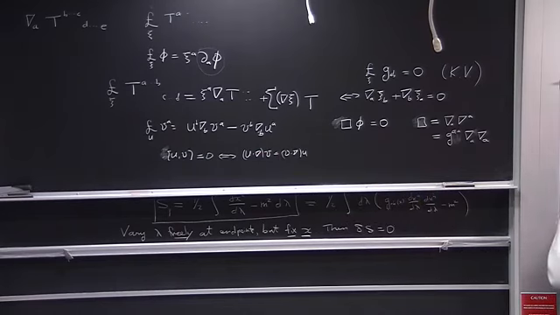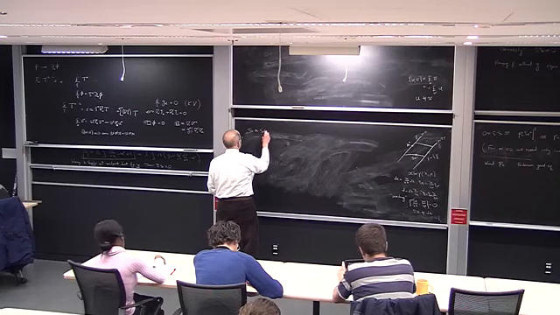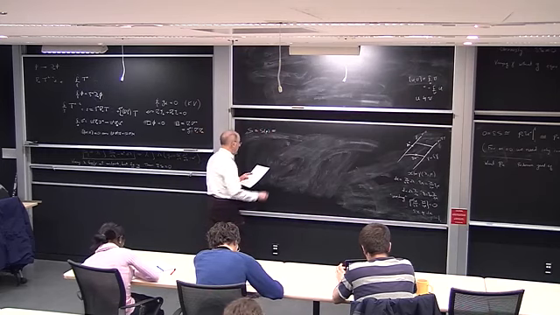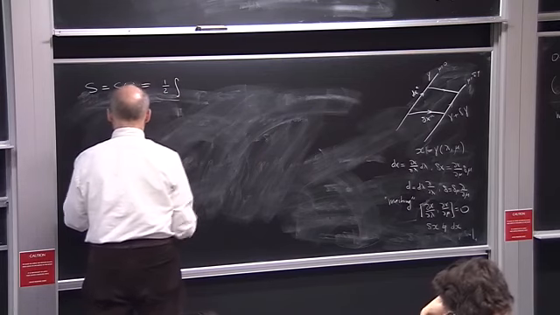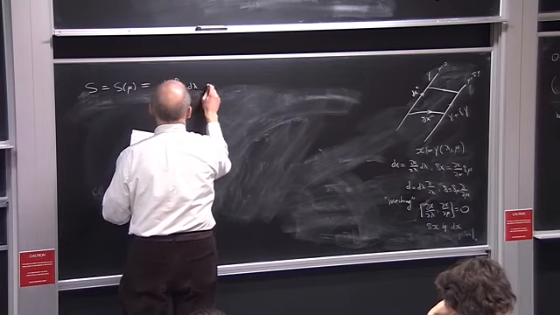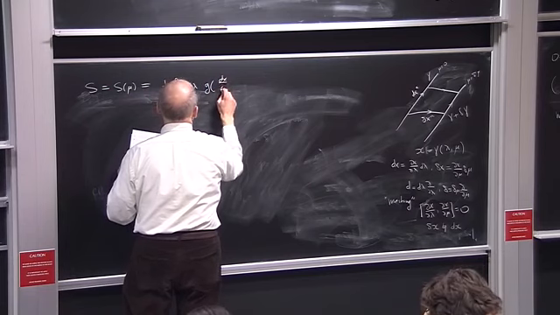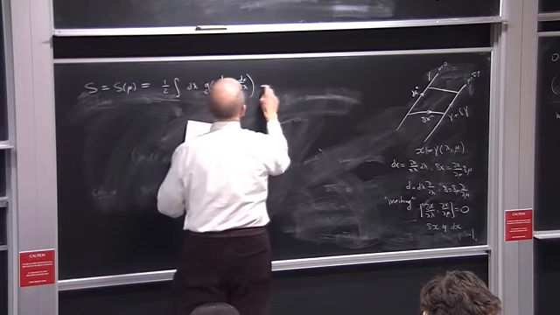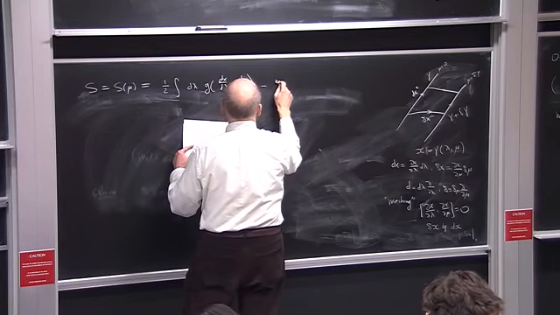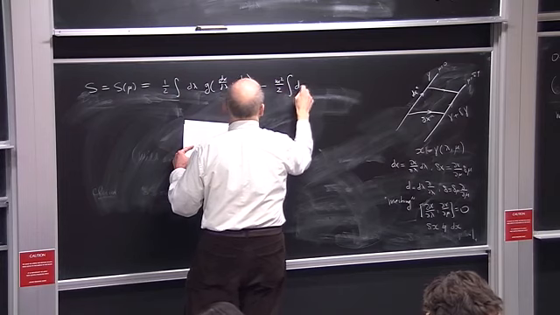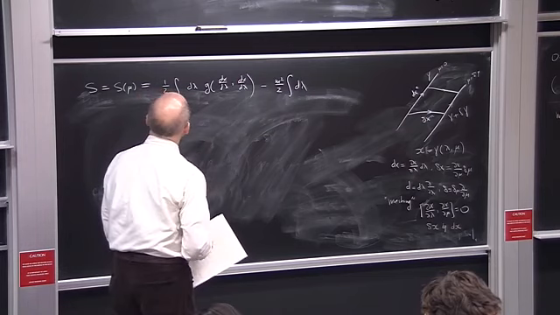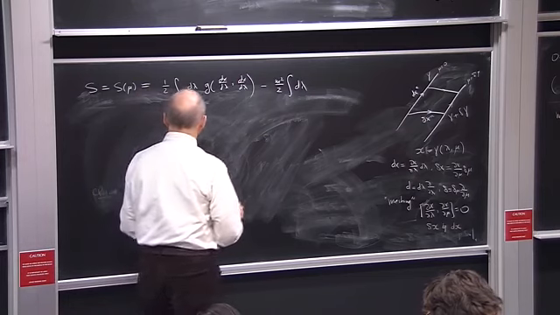Now let's write down what S is and carry out the variation, which we can think of as a function of μ, because μ determines which world line we're talking about. So it was 1/2 the integral of dλ g(dx/dλ, dx/dλ), and then minus m squared over 2 times the integral of dλ. Now we want to vary this between two endpoints.